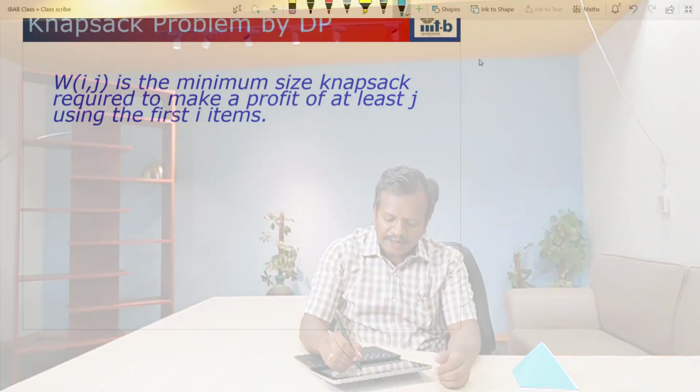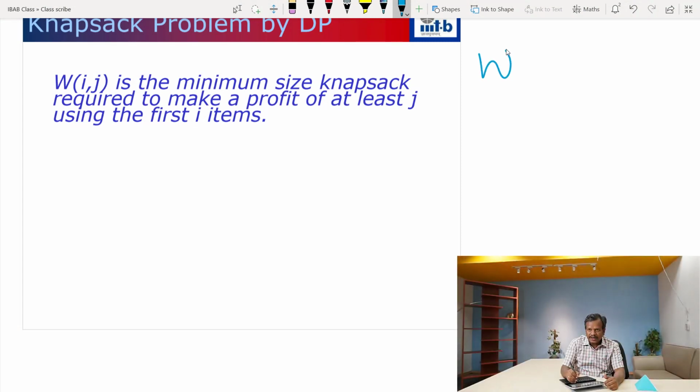In that case, can I write a dynamic programming formulation so that the time complexity of the algorithm depends on P? What is given? The size of the knapsack, capital W, is a very large number, but let us say that P, which is the sum of the profits of the items given to me, is a small number.